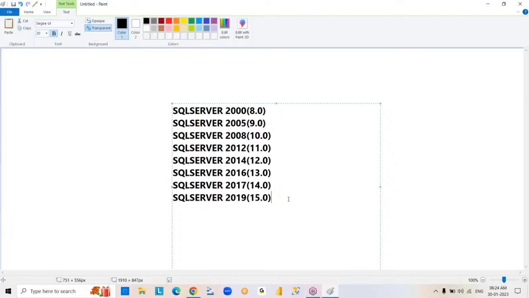So these are the different versions we have in SQL Server to perform different types of tasks.